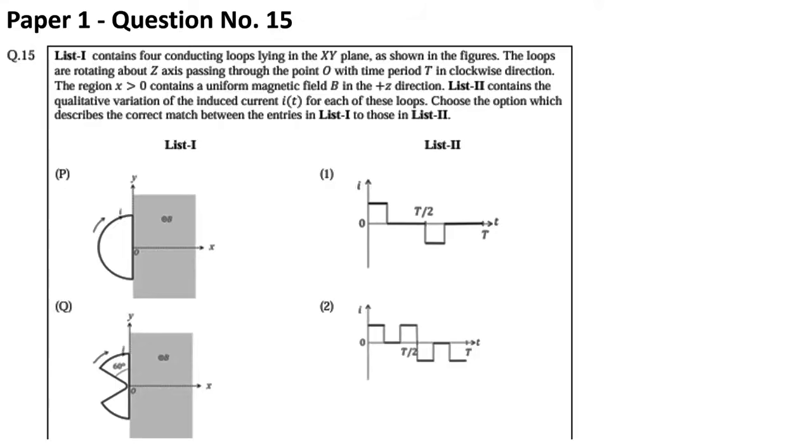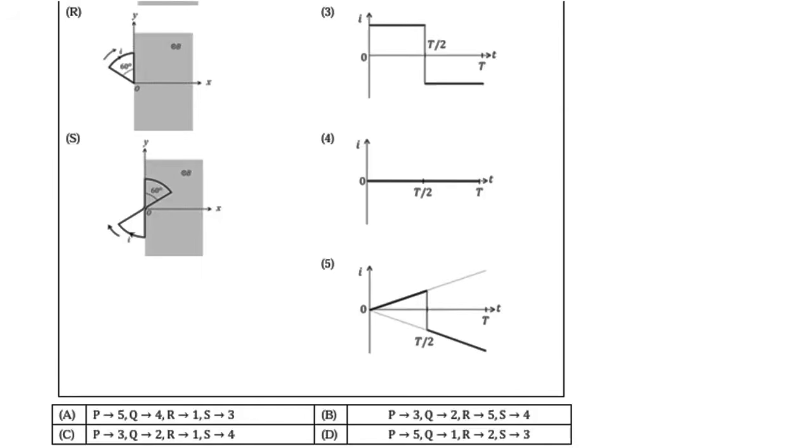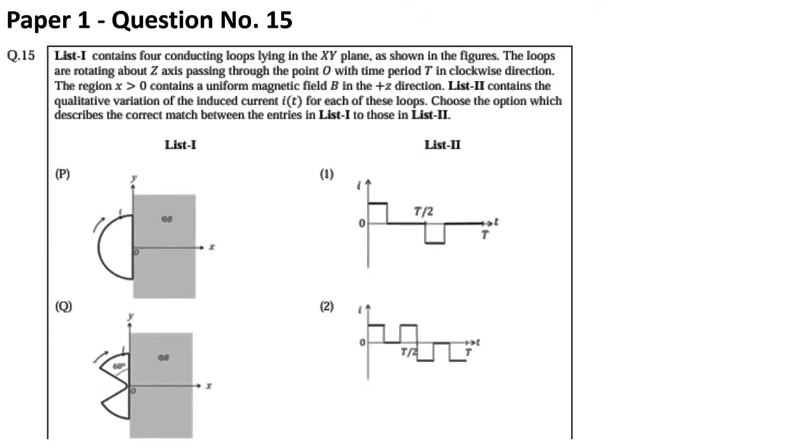Okay, so for 360 degrees, there is a complete T. So for 60 degrees, this becomes T by 6. So the current will be there for T by 6, when you can imagine this part of the loop comes inside and there is nothing here. So current will always be 0 here. Going by this logic, you can see option number 1. Option number 1. Go up. Okay, so for Q, it becomes option number 1.